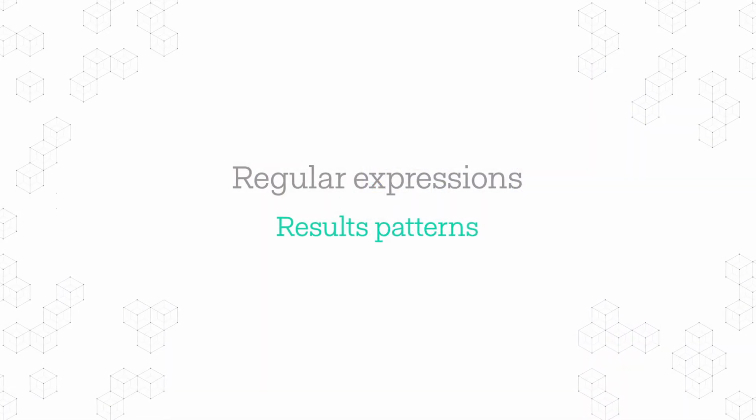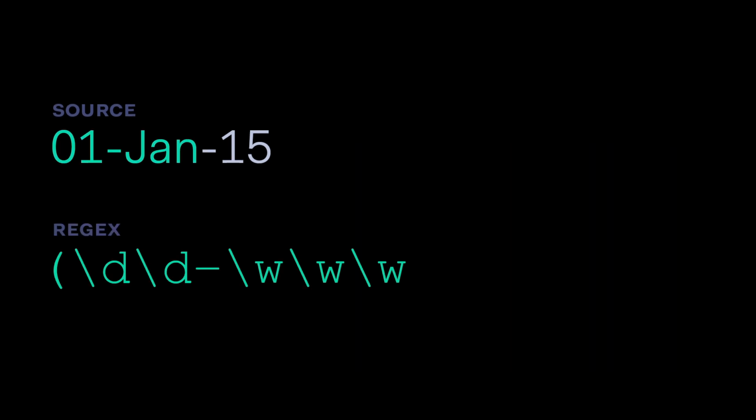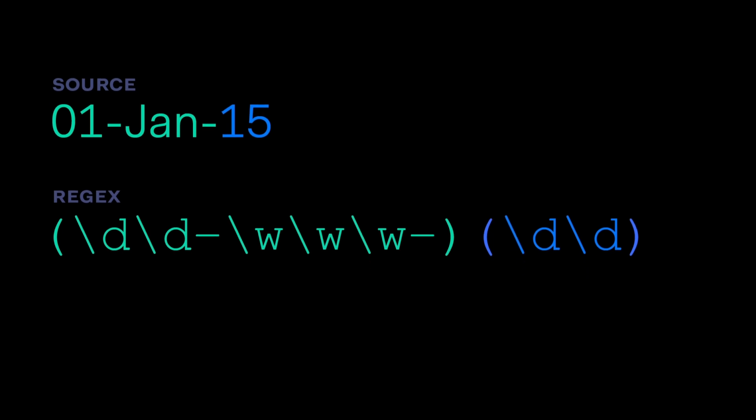Let's take a look at result patterns. For example, to change the date 01 Jan 15 to 01 Jan 2015, we can write a regex expression which defines the day and month characters as one group, and the year characters as another group.